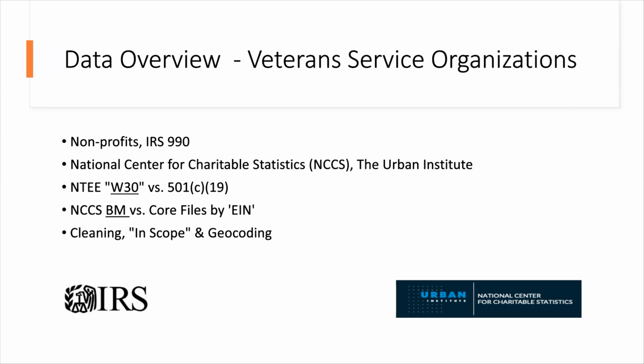And it's generally those who have filed a more detailed 990 form. The latest release of the business master data contained nearly 2 million organizations, but only 33 variables for those organizations, while the core files contain 367 variables.